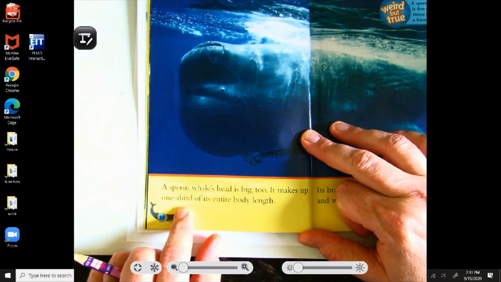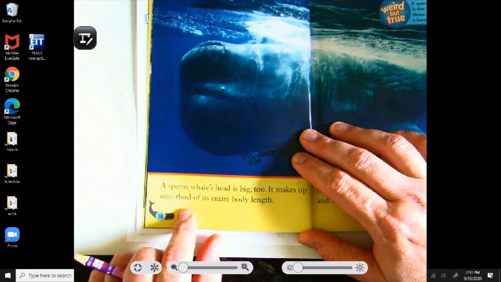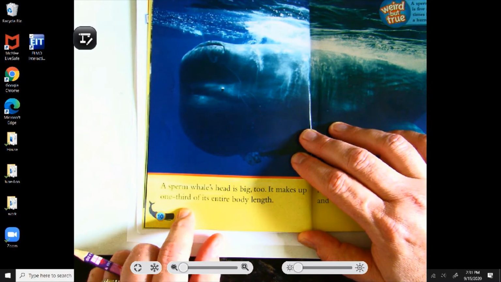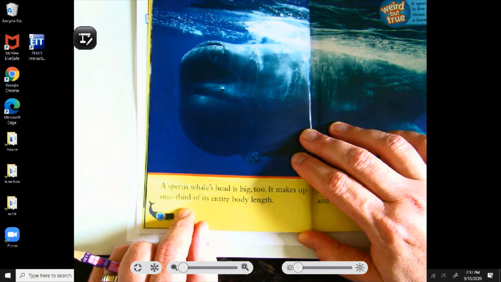Right? A sperm whale's head is big too. It makes up 1/3 of its entire body length. So again, think about if our heads were 1/3 of our bodies. Right? Wow.